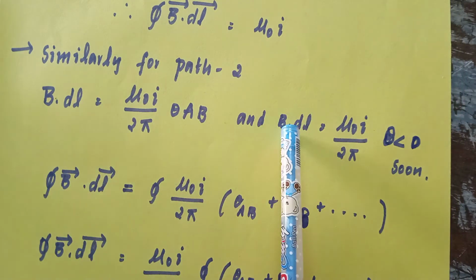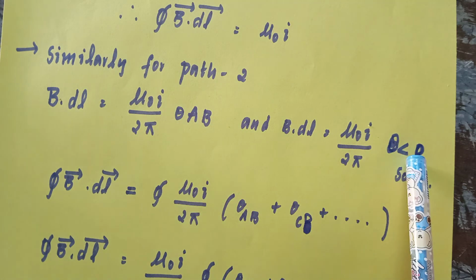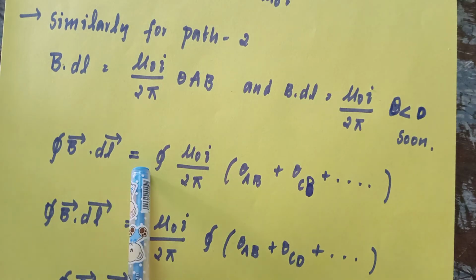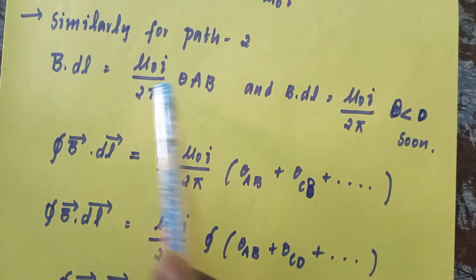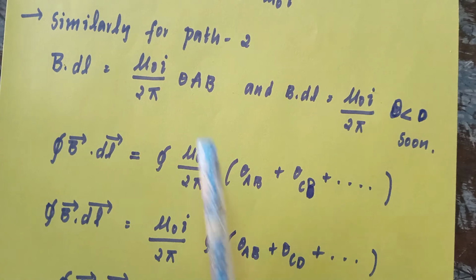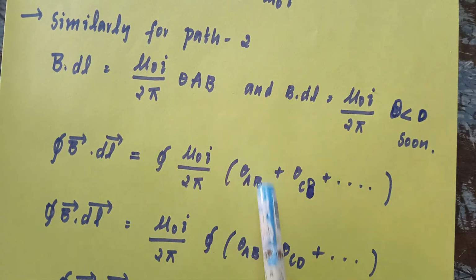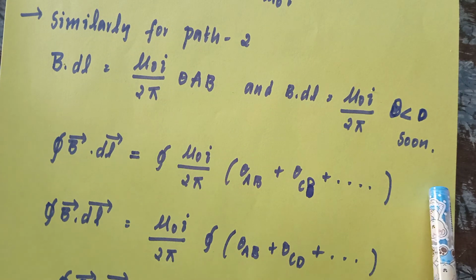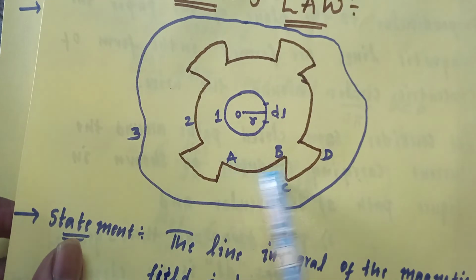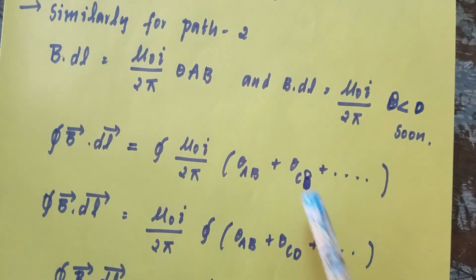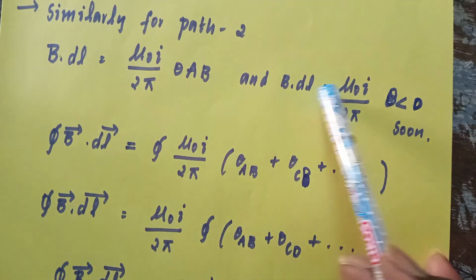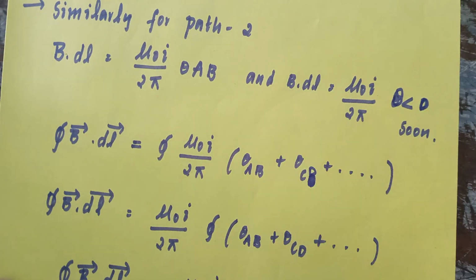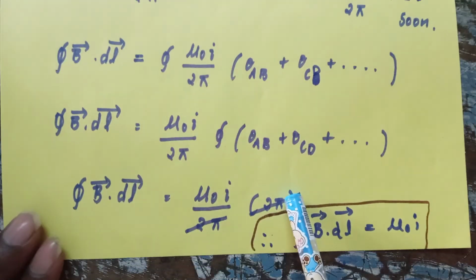The left side is the same, common, and only the right side is different, so you can add them. So the integration over the circle of B dl is equal to the common factor mu naught I by 2 pi, and the remaining terms you add: theta AB plus theta CD and so on. Adding them completely makes one circle, that is, the circumference of a circle.